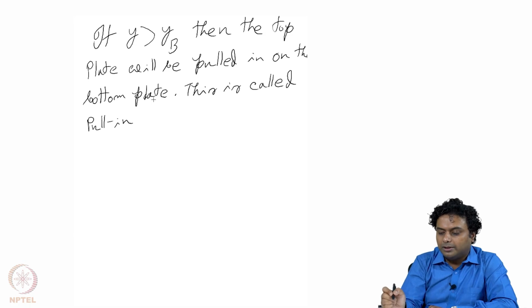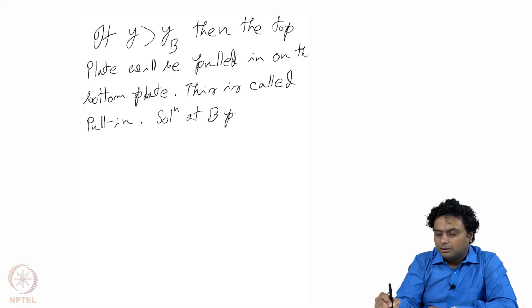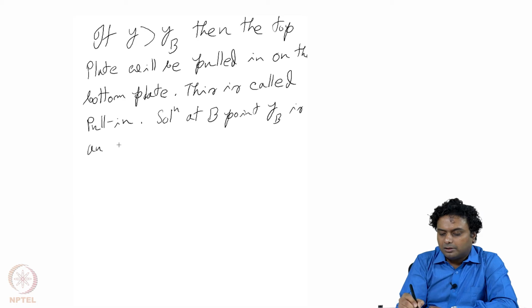This is called pull in, okay. Solution at B point, that is yb, is an unstable solution.